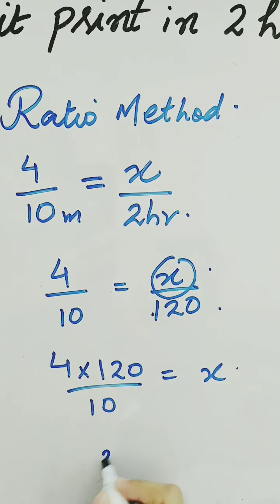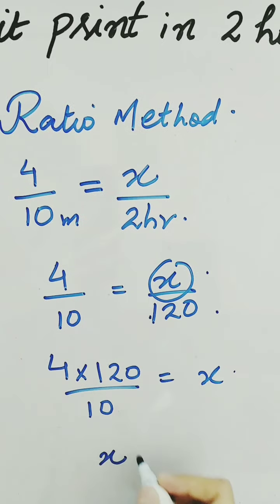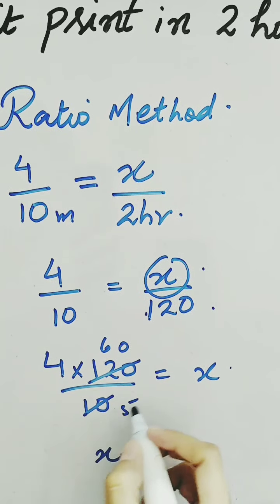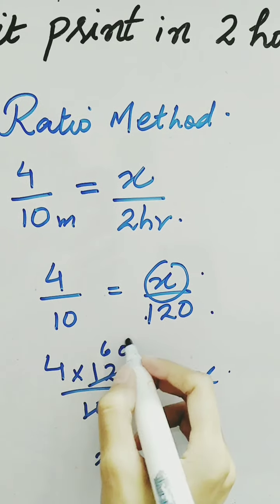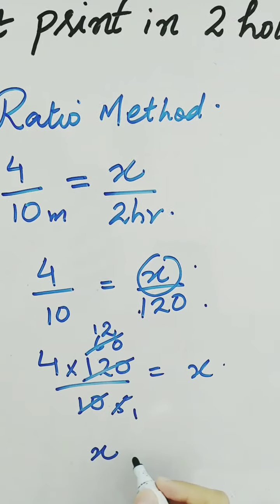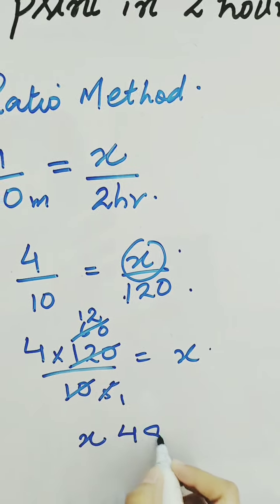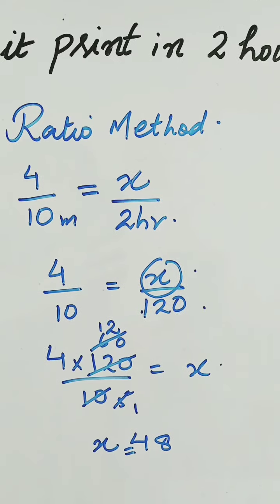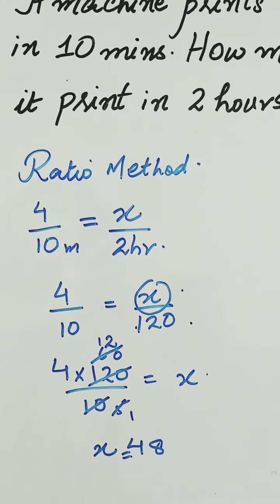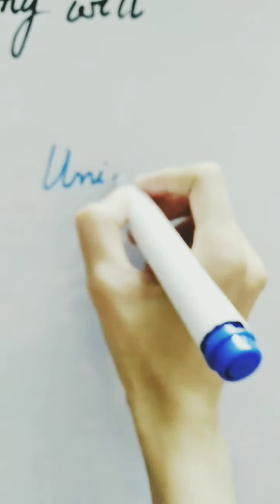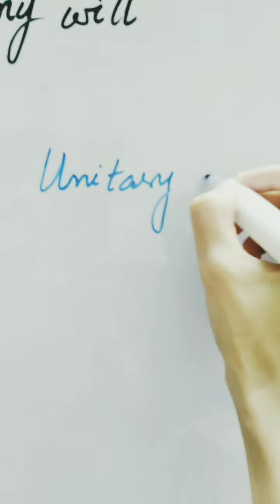So our final answer is 48 with the help of a ratio method. This same question can be solved with the help of a unitary method. Now let's take a look at that.